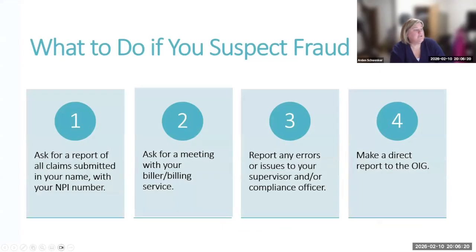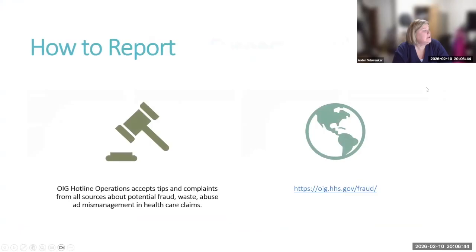So, what do you do if you suspect fraud? Again, ask for a report of all claims submitted in your name with your MPI number. Ask for a meeting with your biller or your billing service. Report any errors or issues to your supervisor or your compliance officer. And you can also make a direct report to the Office of the Inspector General.